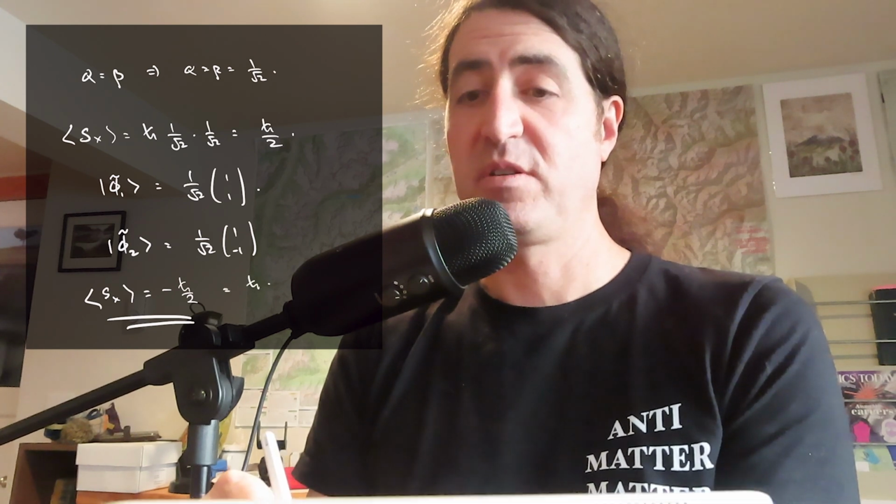Similarly, the expectation value of Sx in the orthogonal state that we discovered is given by minus h bar over 2, because that's going to be h bar times 1 over square root 2 times minus 1 over square root 2. Cool.